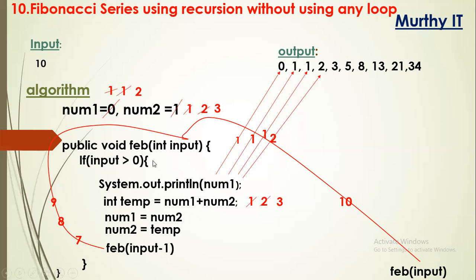It keeps on decrementing and calling like this until the input becomes 0. Till that time, whatever numbers we want will be printed. So that is the concept. Let's understand this programmatically.